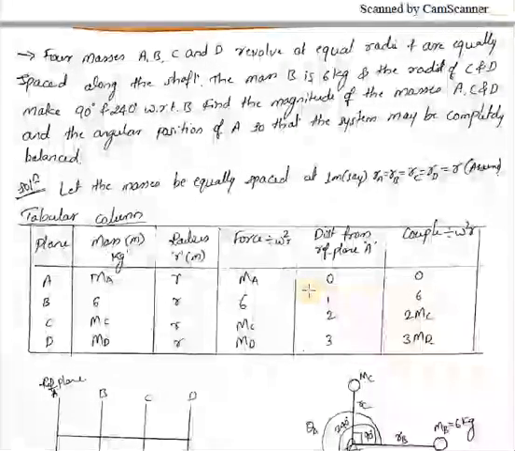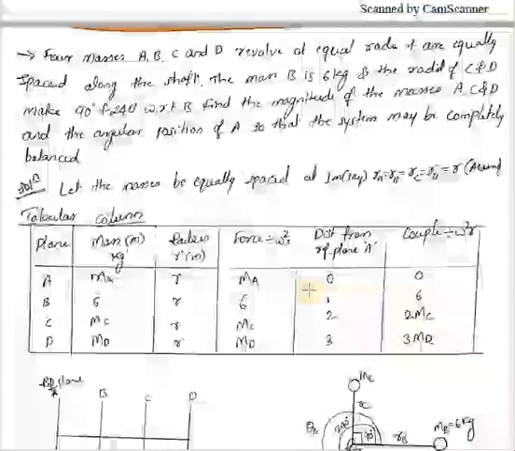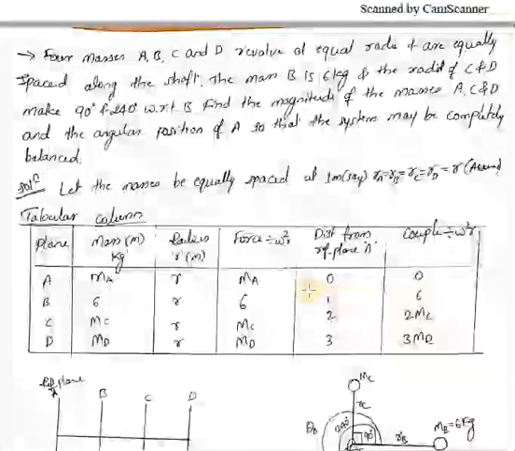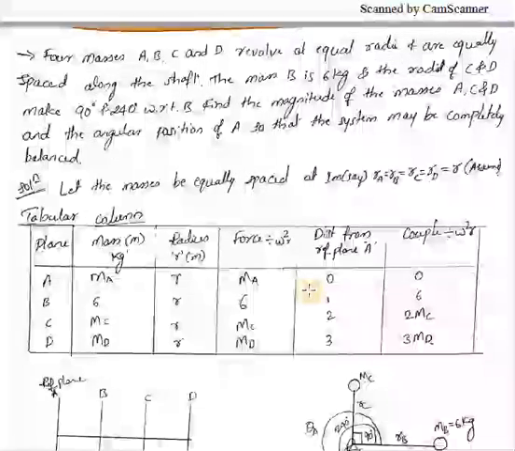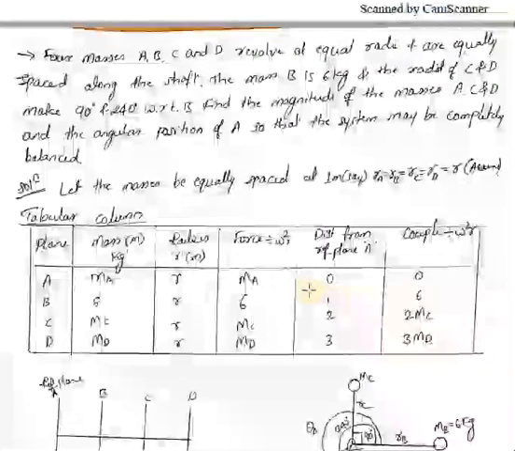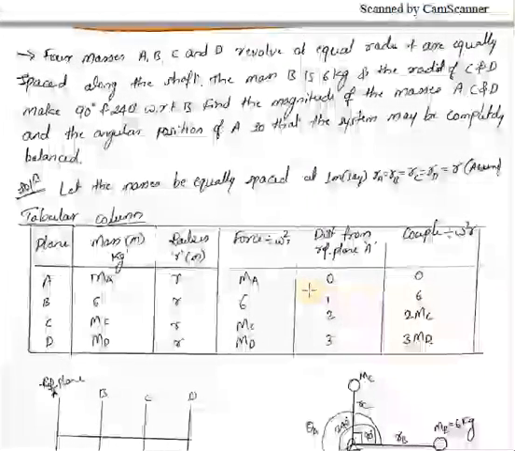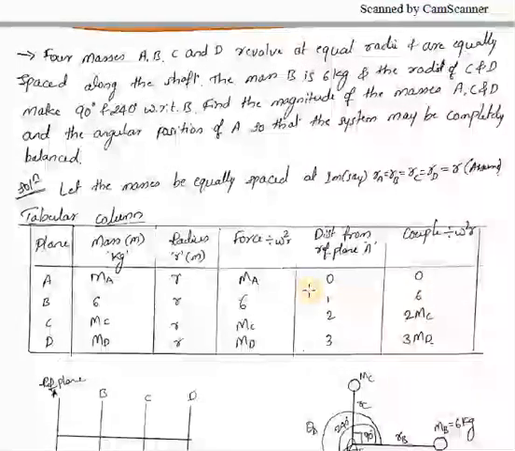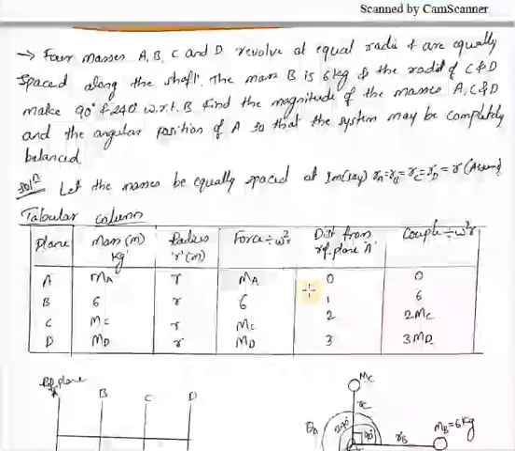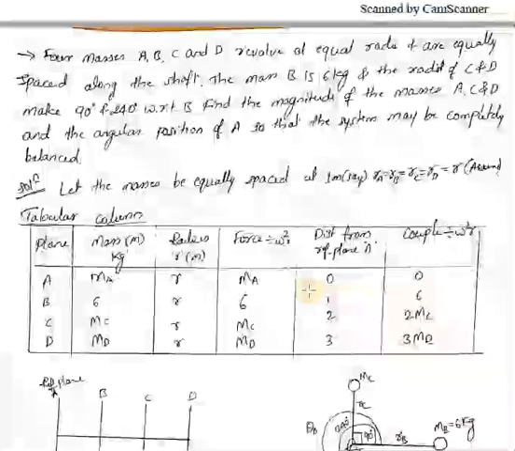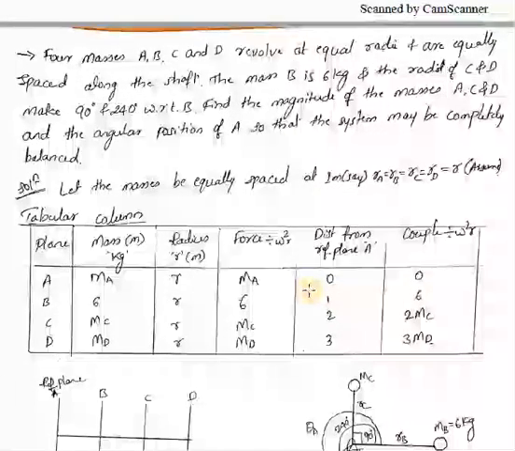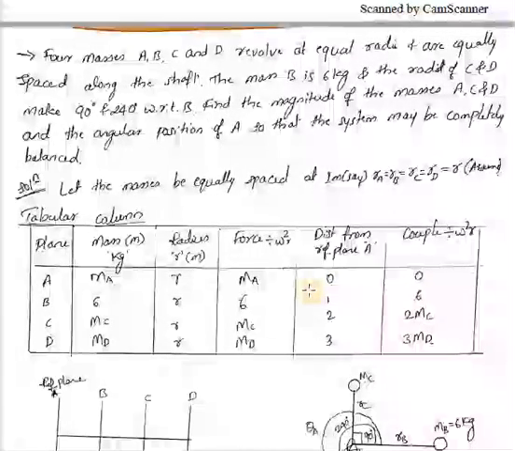Four masses A, B, C and D revolve at equal radii and are equally spaced along the shaft. The mass B is 6 kg and the radii of C and D make 90 degrees and 240 degrees with respect to B. Find the magnitude of masses A, C, D and the angular position of A so that the system may be completely balanced.